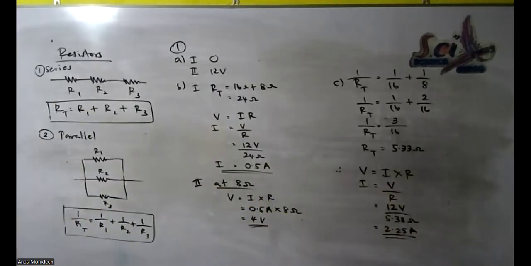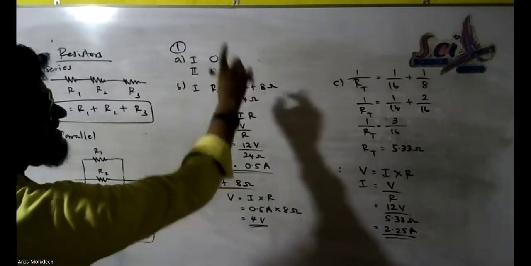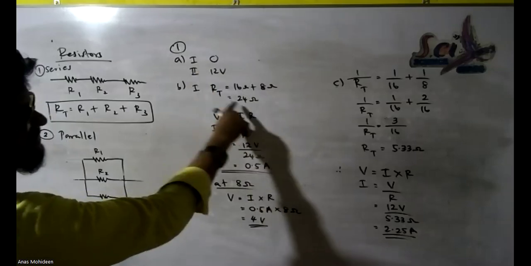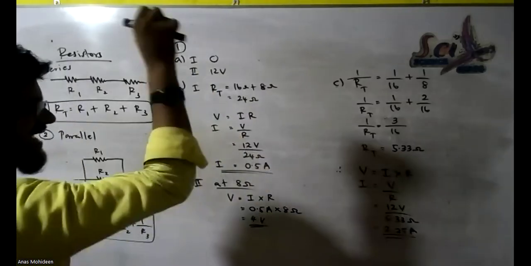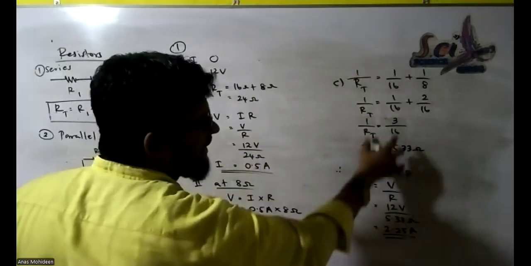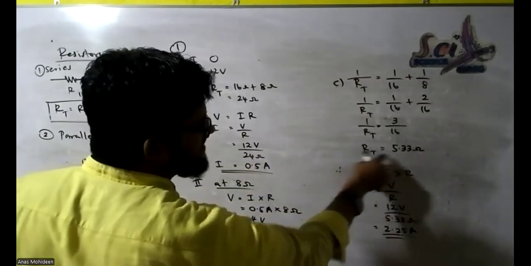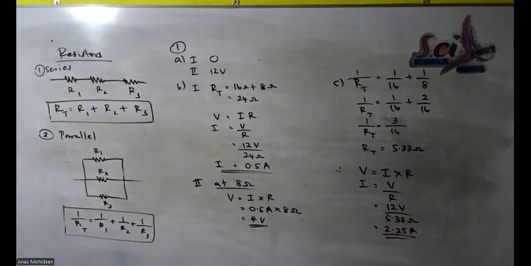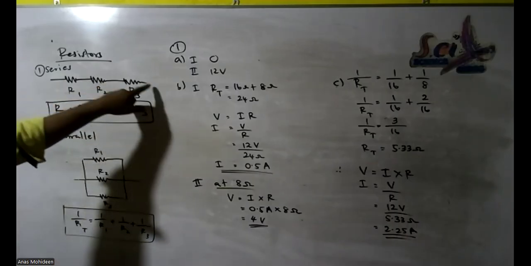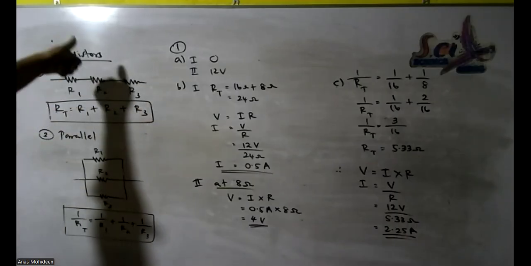Current has been very much increased. Remember, when the resistors are connected in series, resistance value will be high, 24 ohms. When the same resistors are connected in parallel, it falls down very much. So total resistance is reduced when they are connected in parallel. Again, when the resistors are connected in series, total resistance increases.